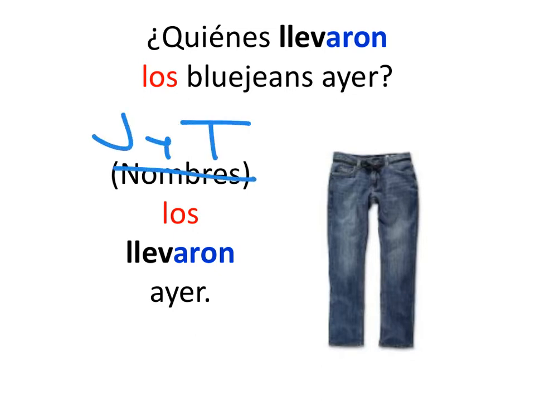Entonces, los llevaron ayer. Llevaron. So what do you think this is saying? Llevaron. They wore, right? Past tense, ayer. So third person plural. Ellos, ellas, ustedes, aron for AR verbs.